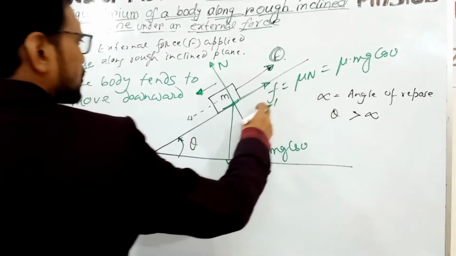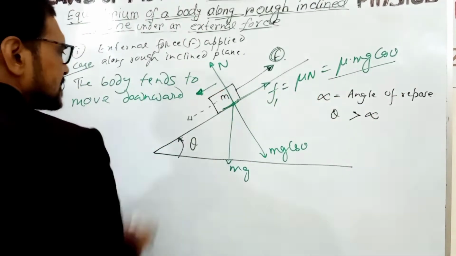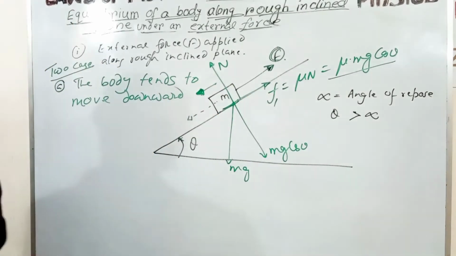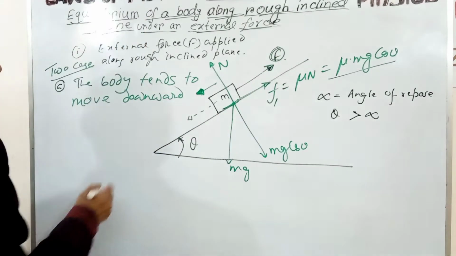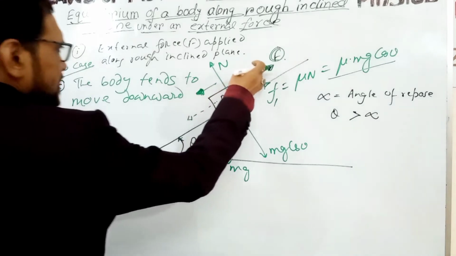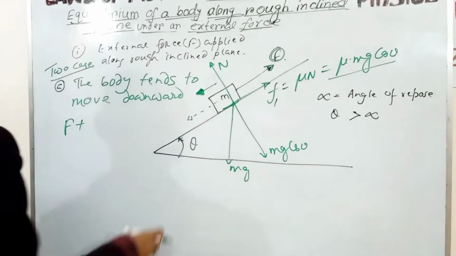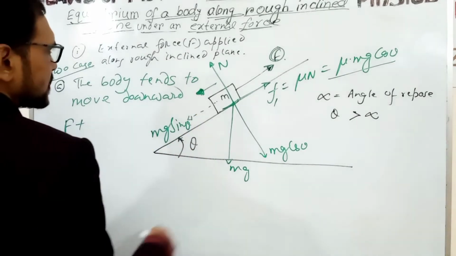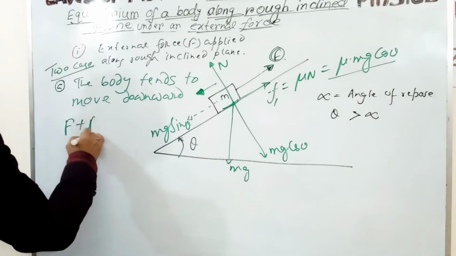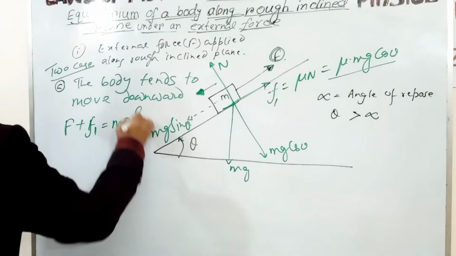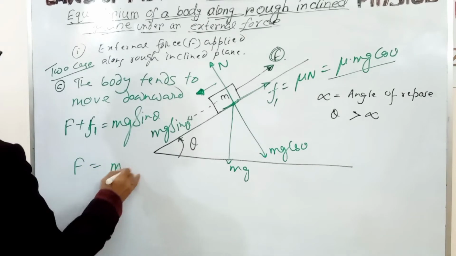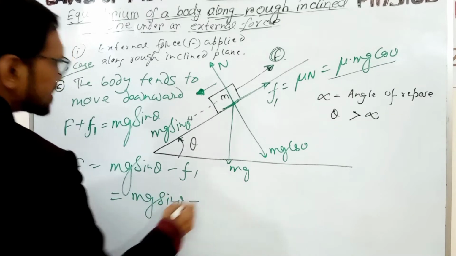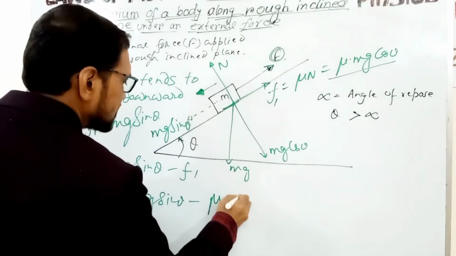Now the friction force acting here is mu mg cos theta, in the upward direction, because the body tends to move downward. So what is the external force applied? This force plus this force balance the force mg sin theta. So the body is in equilibrium, so F plus f equals mg sin theta, and F equals mg sin theta minus mu mg cos theta.